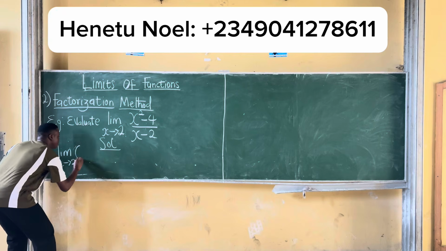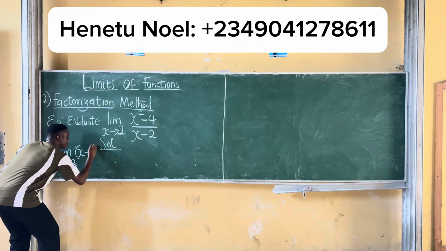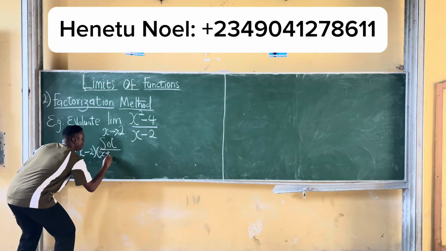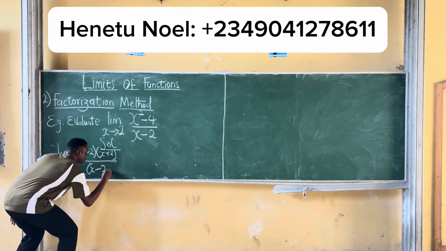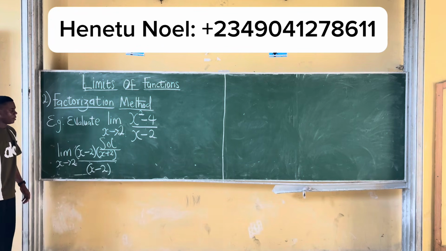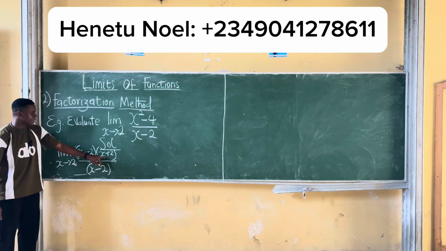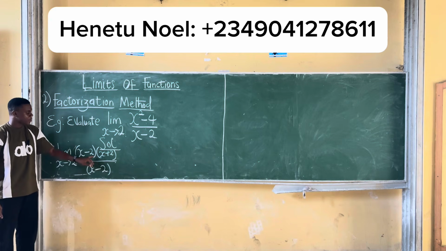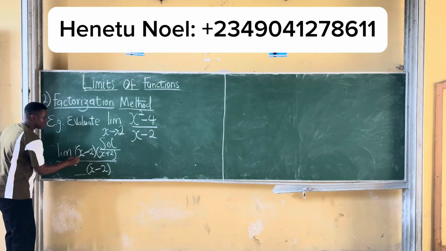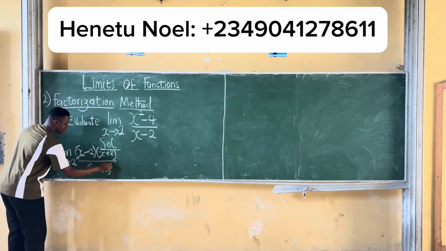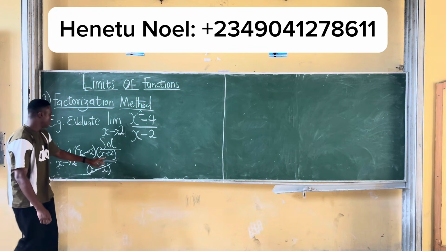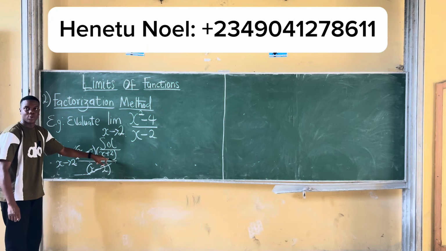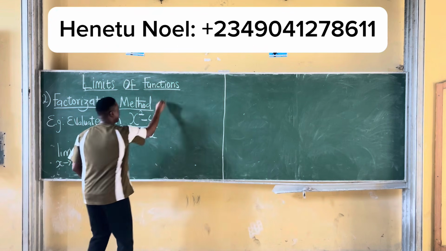So it becomes x minus 2 multiplying x plus 2 all over x minus 2. Okay? So we are having this. This is the problem from difference of 2 squares. Now, since we have this, x minus 2 at the numerator cancels x minus 2 at the denominator. So when you do that, you see we are left with x plus 2.